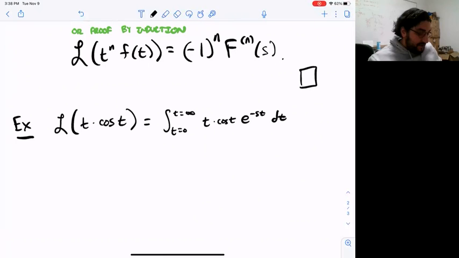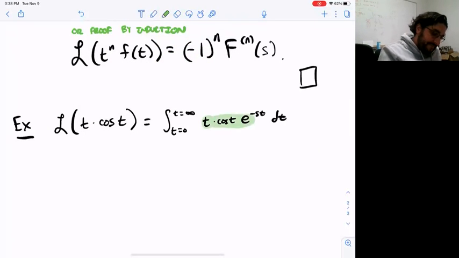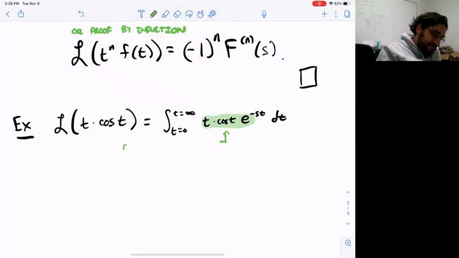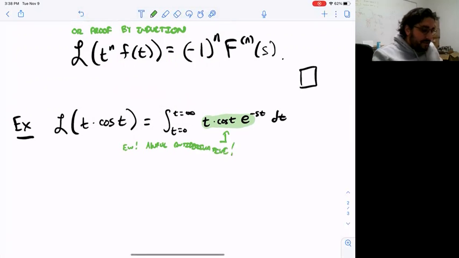So here's what's so nice. What's so nice is this property. The amazing thing about this property is instead of doing a nasty antiderivative, what do I get to do instead?